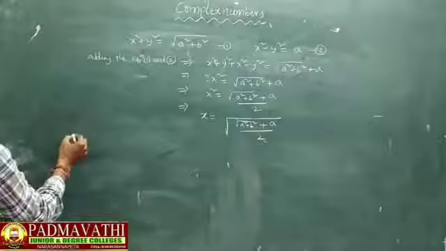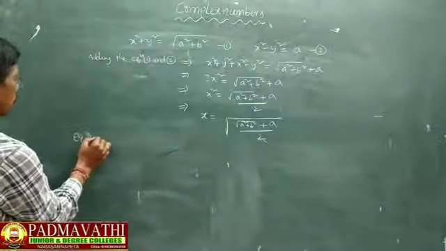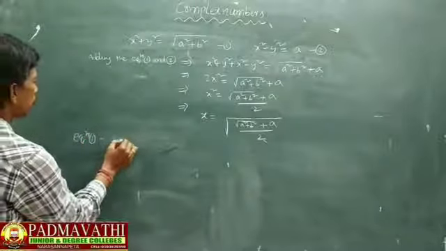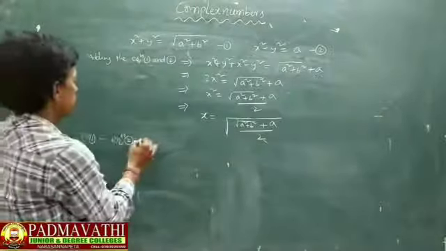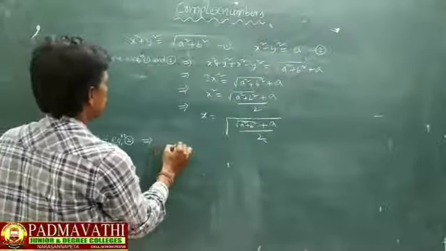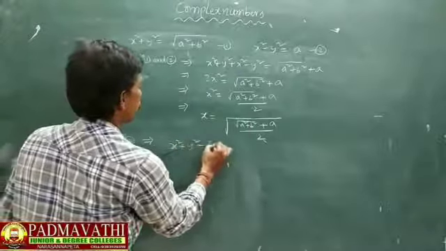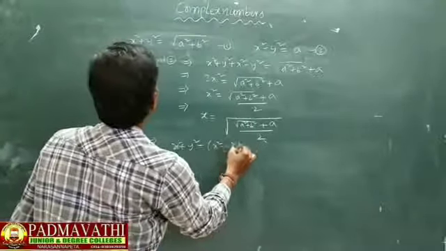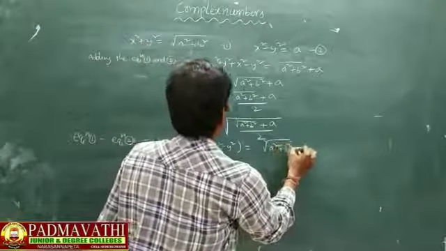Now subtracting equation 1 from equation 2, x square plus y square minus (x square minus y square) equals root of a square plus b square minus a.